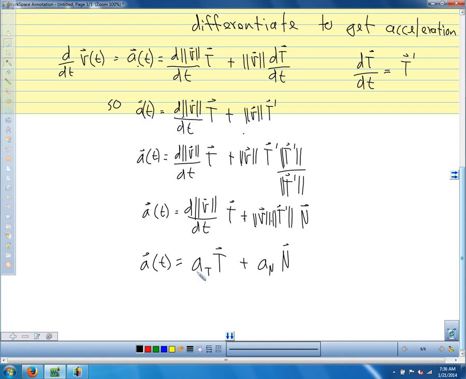So this is our tangential component of acceleration, and a sub T is the rate of change of the speed with respect to time, and a sub N, the normal component of acceleration, is the magnitude of the speed times the magnitude of T prime.